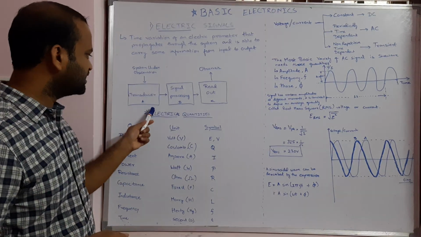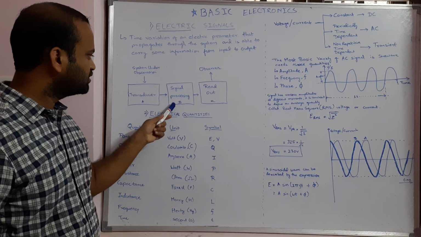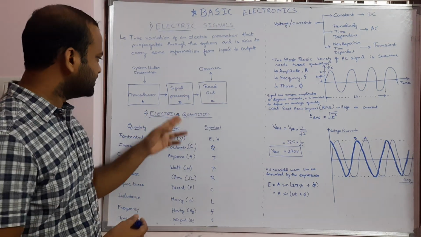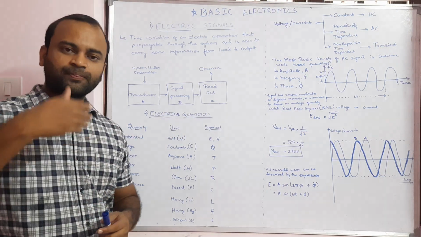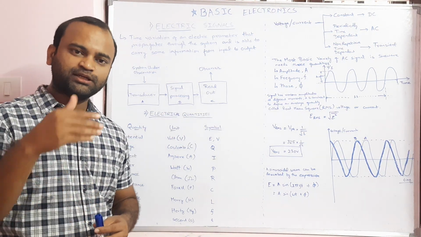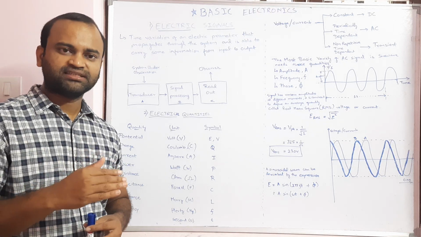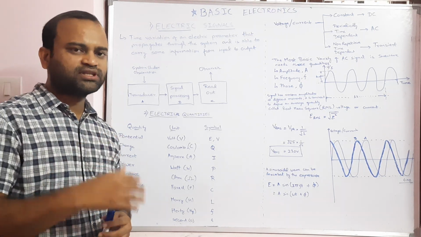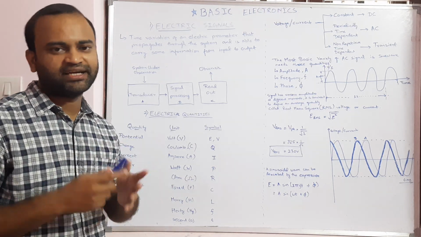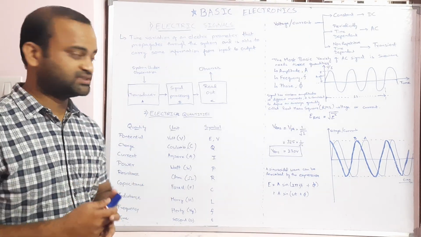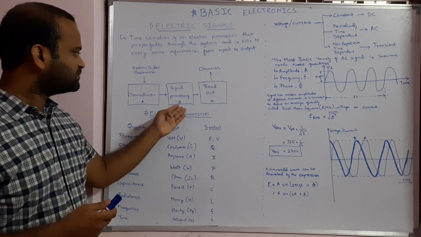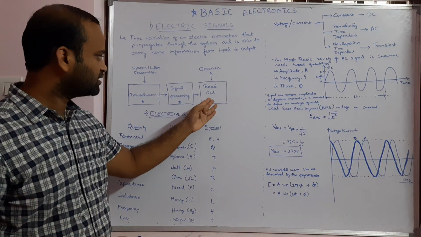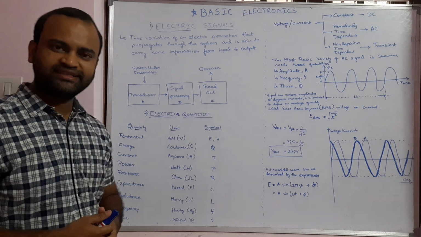That electrical signal is transmitted to the next section, called the signal processing section. In this section, it compares the signal to a predefined value, whether the temperature is more or less, or based on the application requirement, it processes the electrical signal data and then sends the instruction to an LCD controller or a readout display.